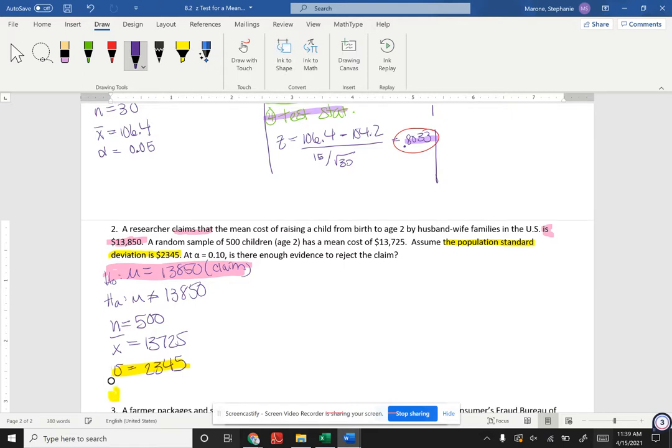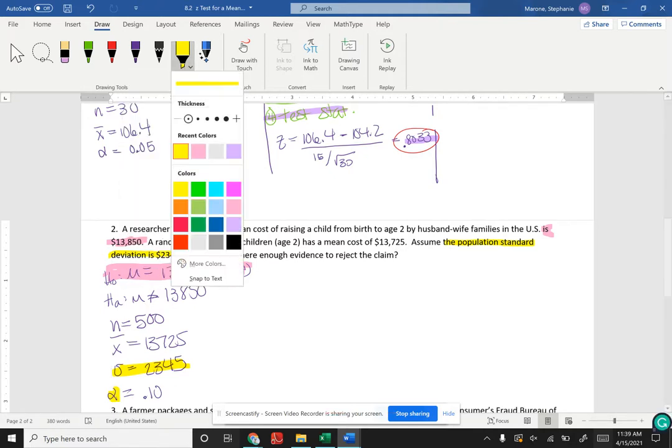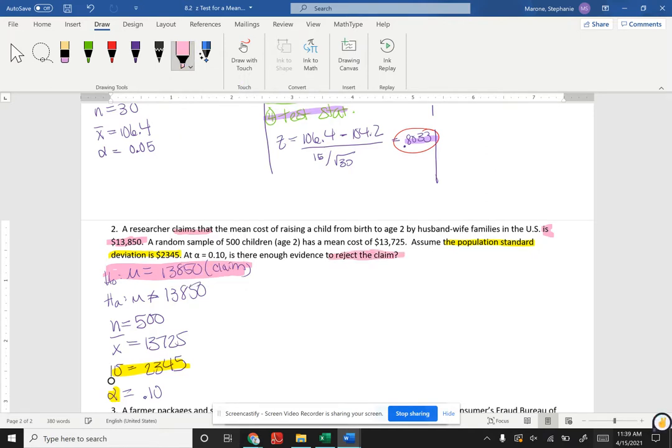At alpha equal to 0.10, is there enough evidence to reject the claim? So that word reject gives me another hint that the null hypothesis is the claim. If we're talking about rejecting the claim, it always has to be the null hypothesis. So that was steps 1 and 2.